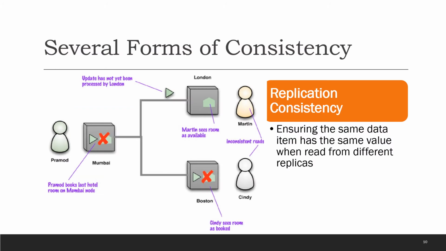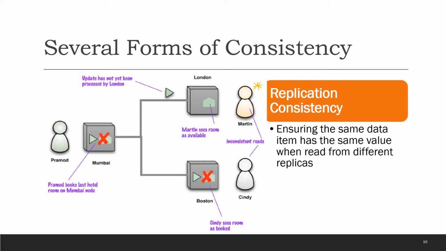In the previous slide, we talked about update consistency and read consistency, and those two consistency issues could take place either in centralized database or distributed database. But now we are moving to another form of consistency, which is called replication consistency. It occurs when we are in a distributed database system.